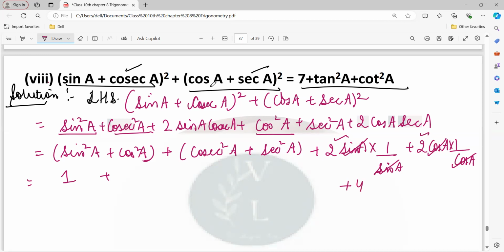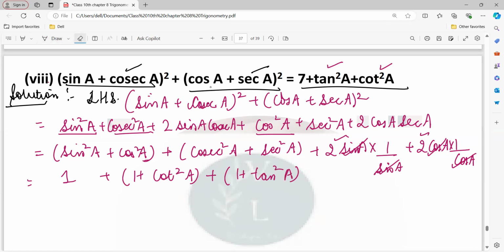Now cosecant square theta is equal to 1 plus cot square theta, as we want the answer in terms of tan and cot. So we know that cosecant square theta is equal to 1 plus cot square theta and secant square theta is equal to 1 plus tan square theta, plus this 4.